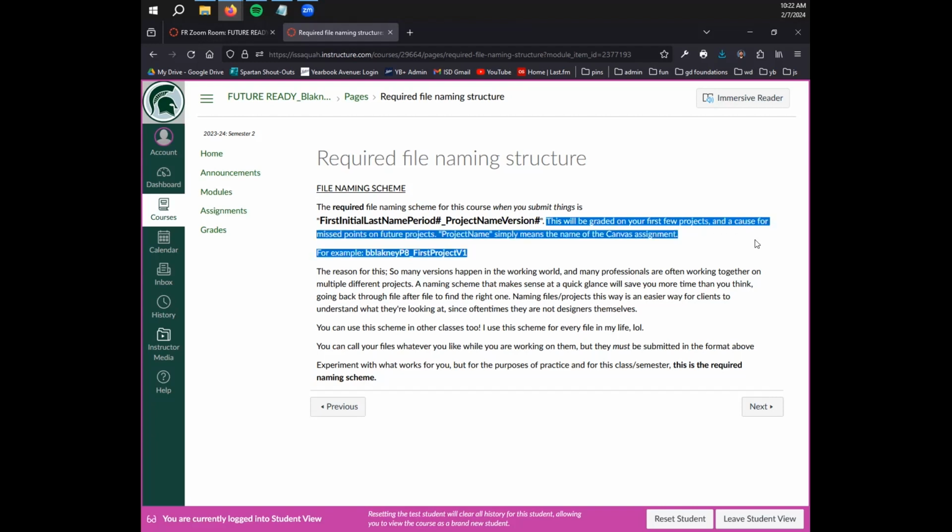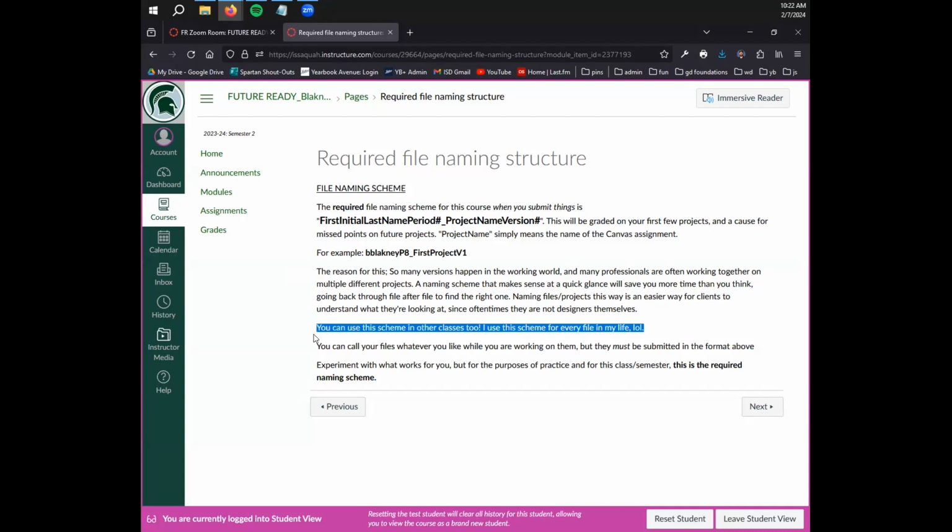The only reason I'm telling you this and making some time during class about it is because this file naming structure is going to be graded on your first few projects, and it's going to be a reason that you miss out on some potential points in the future, because I want you guys to get in the habit of keeping your files organized. In our increasingly digital world, we have tons of different files to keep track of, and it helps to have some kind of scheme to make them make sense when you need to go back and find them.